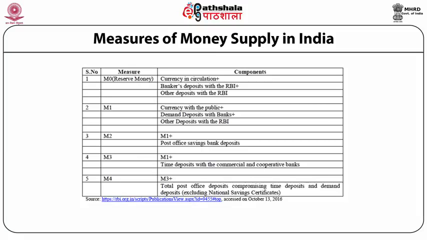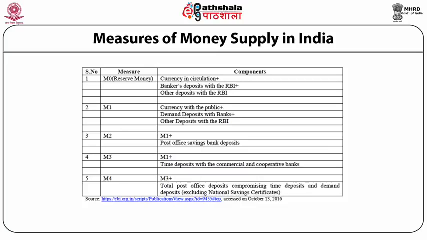M0, which is the reserve money, is equal to currency in circulation plus bankers' deposits with the RBI plus other deposits with the RBI. M1 is equal to currency with the public plus demand deposits with banks plus other deposits with the RBI. M2 is equal to M1 plus post office savings bank deposits.